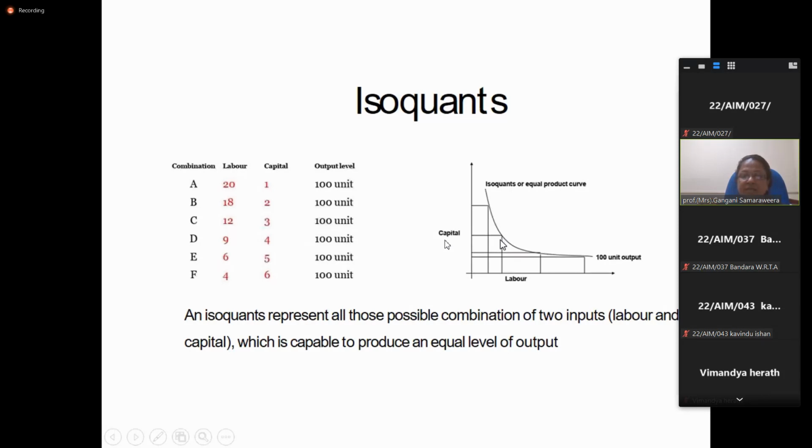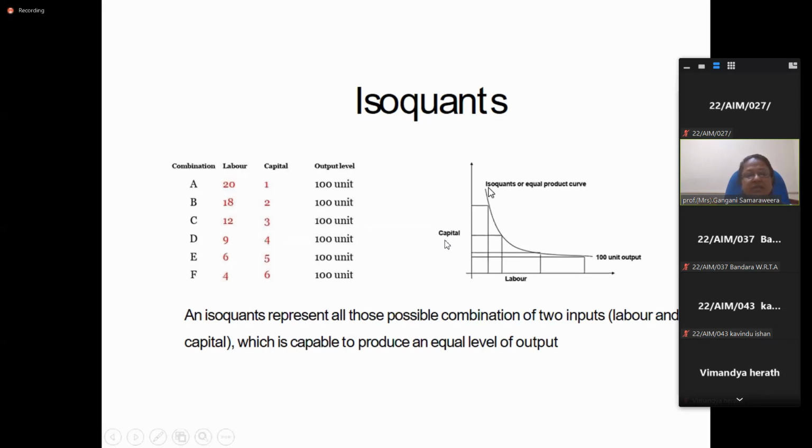See, these are same production levels. Let's say the production level is 100 unit output. Let's say 100 kilograms. 100 kilograms of paddy you are getting as output by using the worth of 1 lakh machine and 10 labor units. Okay.